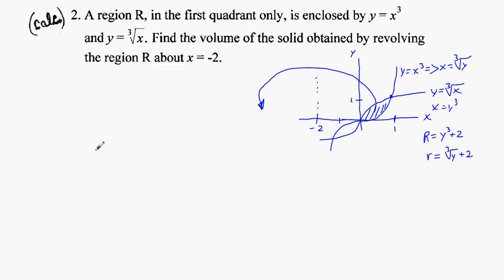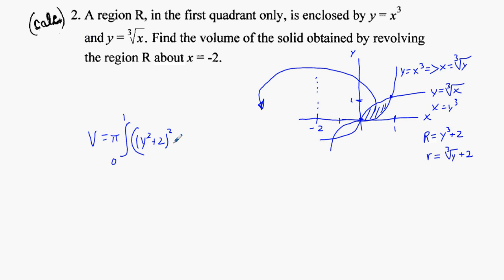So to find our volume, we take our volume is equal to pi, and we're integrating from y equals 0 to 1. That's going to be the limits of integration related to 0 here at the origin and 1 up here. And we're going to take a big R, and big R is going to be y cubed plus 2, and it's going to be big R squared.